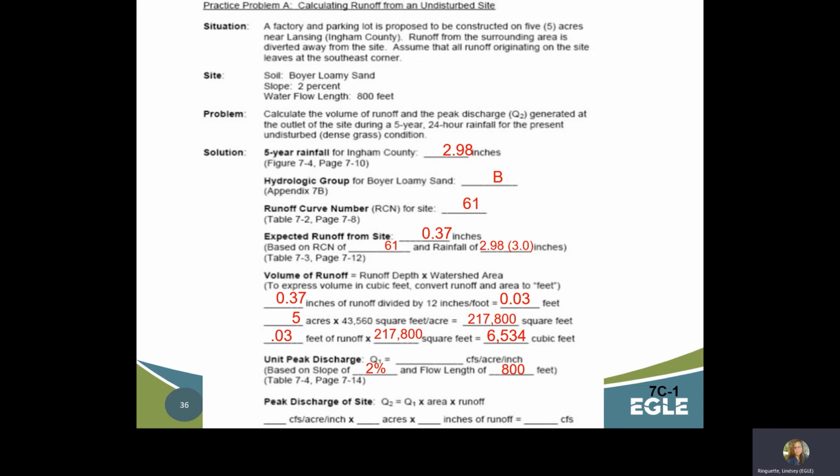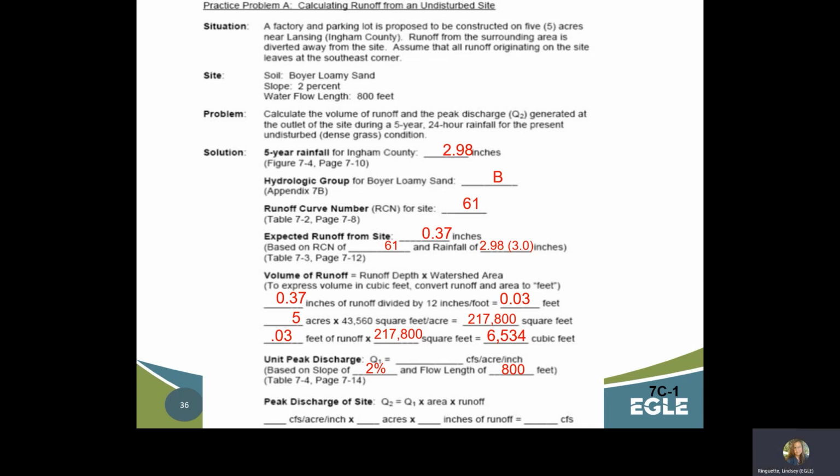Please enter 0.37 inches of runoff first. This must be divided by 12 inches per foot for the conversion to 0.03 feet of runoff. Next, enter the site size of 5 acres, which was stated in the problem situation.